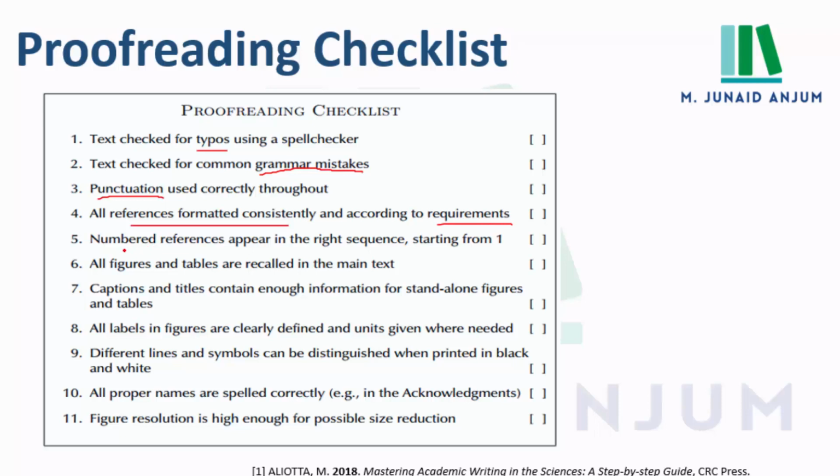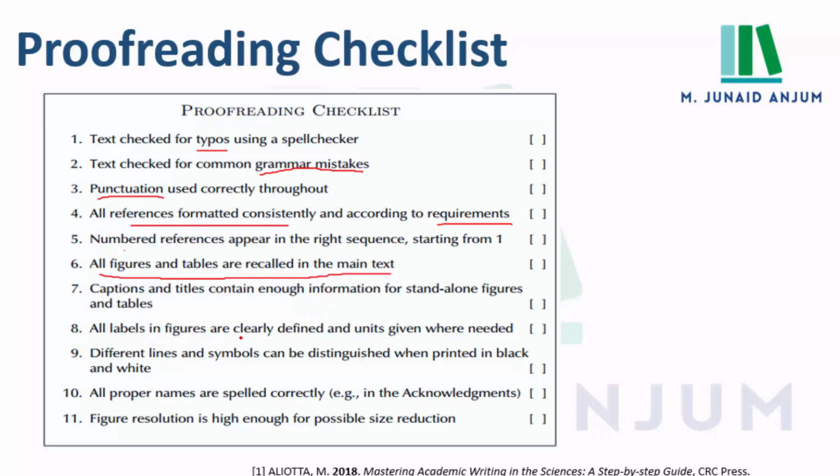If you are using numbered references, the sequence should be the same in the article and in the bibliography. All the figures and tables are referred to in the main text. Meaning their figure number in the caption and in the text should be the same. Captions and titles contain enough information for stand-alone figures and tables.